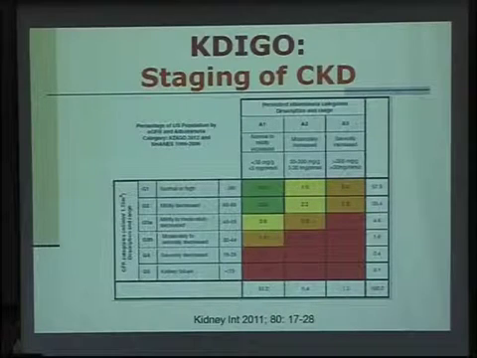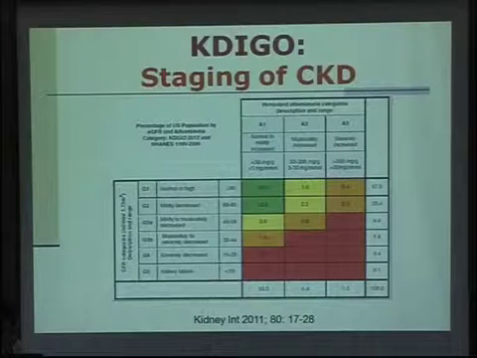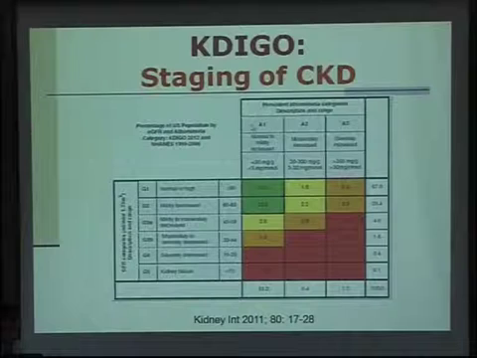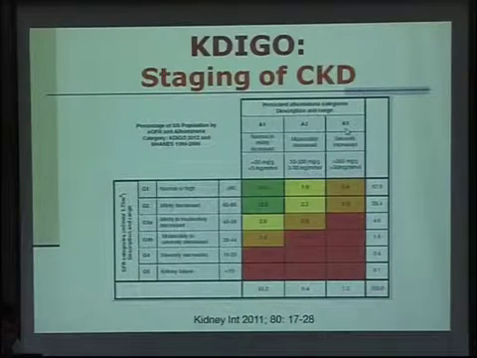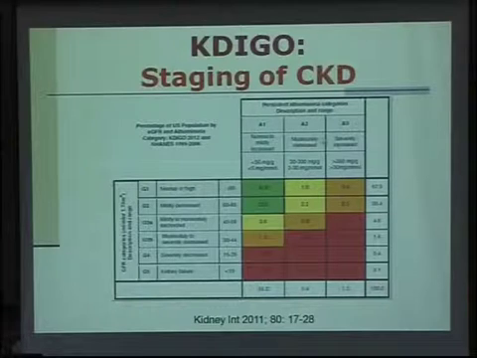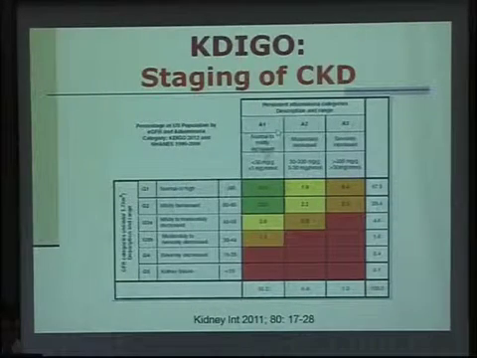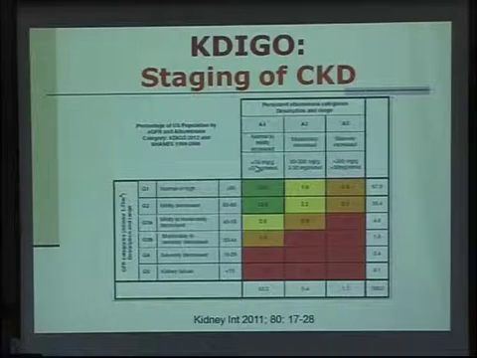Currently, KDIGO recommends not using the terminology microalbuminuria. It is A1, A2, A3. Let me clarify what's meant by A1, A2, or A3. A1 is considered when the person has albuminuria of less than 30 milligram per gram creatinine.